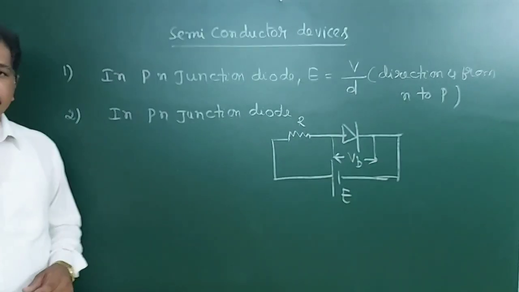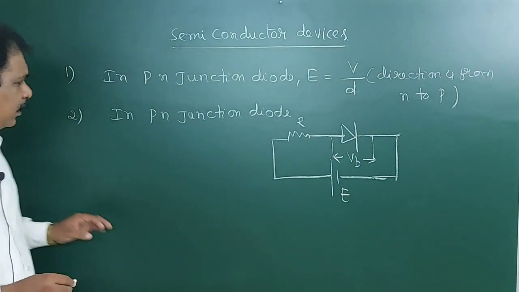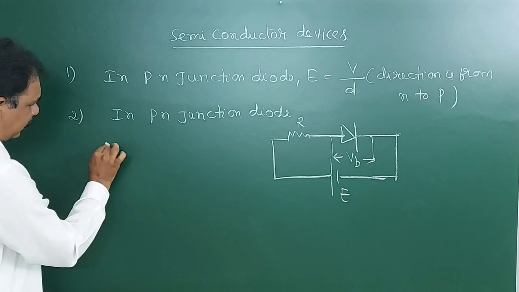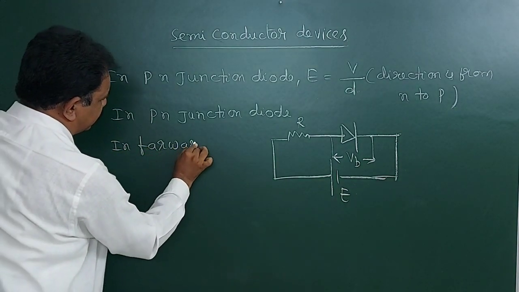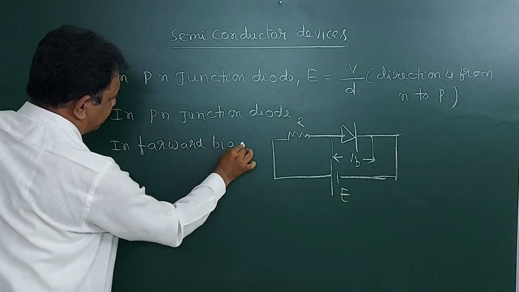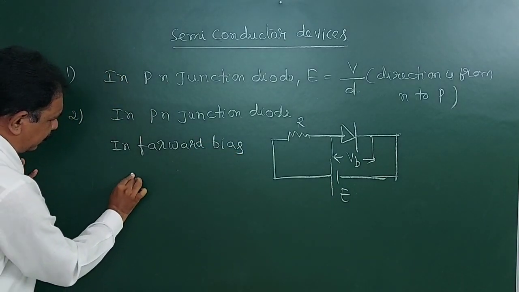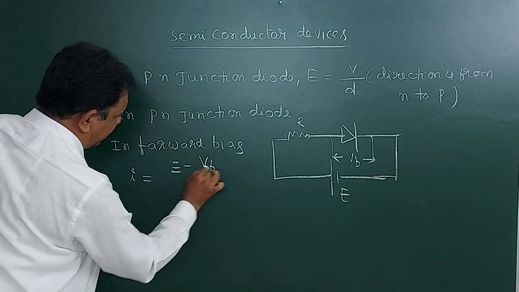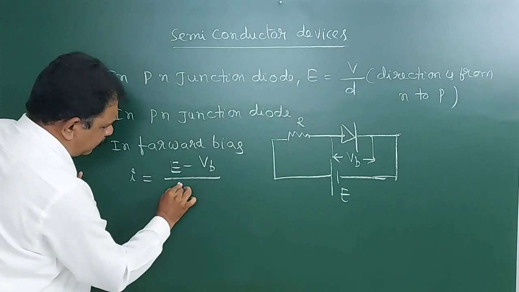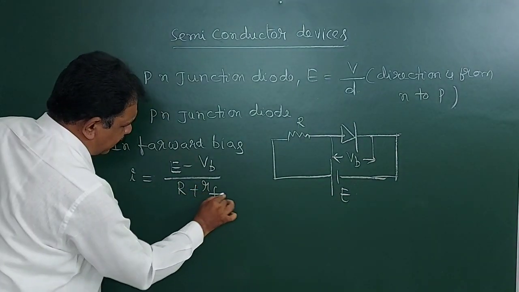Then find the current, like that questions they will ask. So in forward bias, I is equal to net potential, E minus VB, by R plus RF.